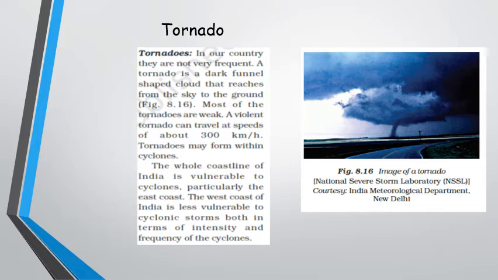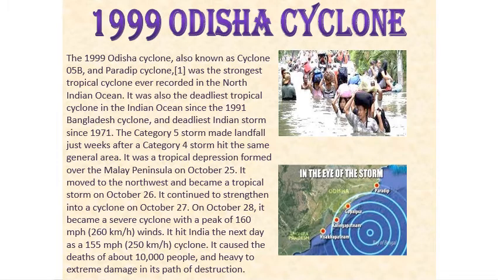The whole coastline of India is vulnerable to cyclones, particularly the east coast. The west coast of India is less vulnerable to cyclonic storms, both in terms of intensity and frequency. In 1999, the Odisha cyclone occurred.